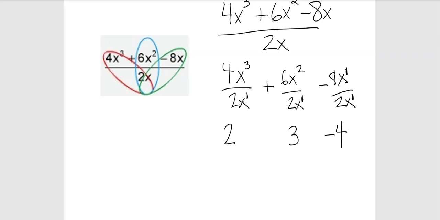So x to the 3rd divided by x to the 1st, 3 minus 1 is 2, so x to the 2nd. X squared divided by x to the 1st, 2 minus 1 is 1, so x to the 1st. And then x to the 1st divided by x to the 1st is x to the 0, which we know is 1. Anything divided by itself will cancel out.